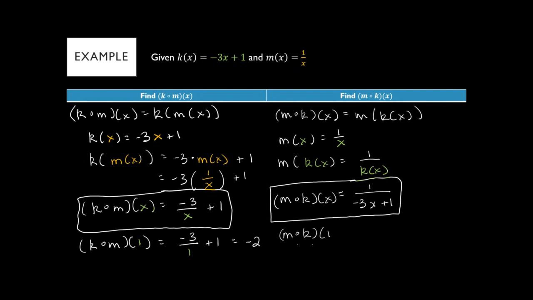If I wanted to know what the value was at 1, I have -3 times 1 plus 1, I would get 1 over -2, while the other way gave me an answer of -2. So they're not always reciprocals like this. It doesn't always work out this way. It just happened to be with this number. But the key is that the order matters here. Other questions?